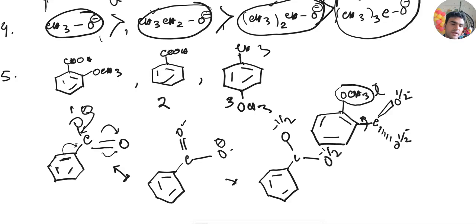Then the benzene ring cannot come into resonance with the carboxylic acid group, so it cannot exhibit the plus R effect, and the negative charge is not reduced by delocalization into the ring.